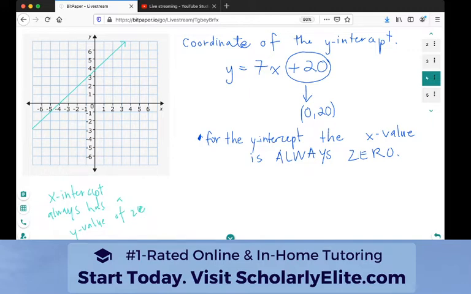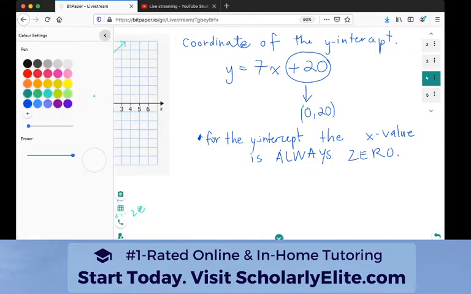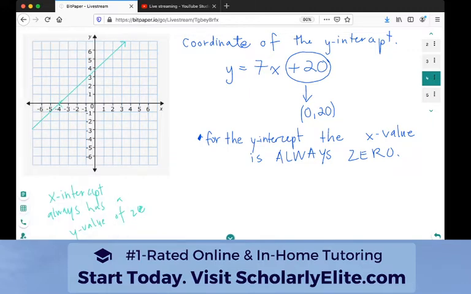We know that our x-intercept is right here. What is an intercept? It's literally where the line intersects the x-axis or the y-axis. In this case, this is the x-axis, the straight line that goes across, and we are intersecting the x-axis at -4.